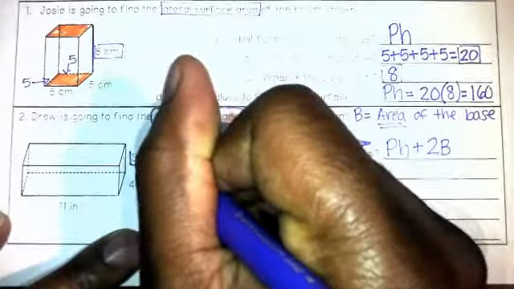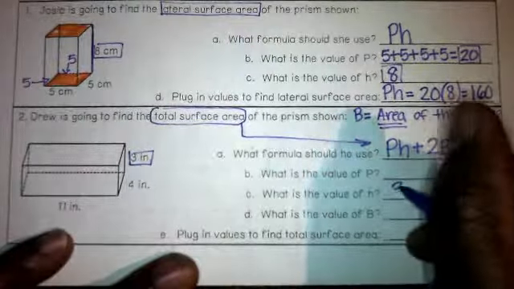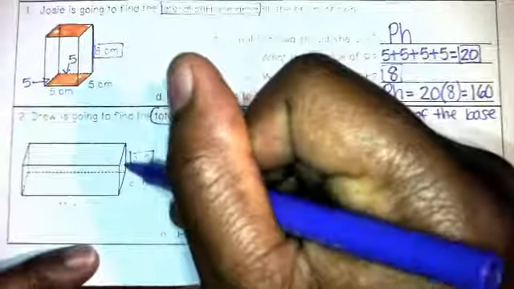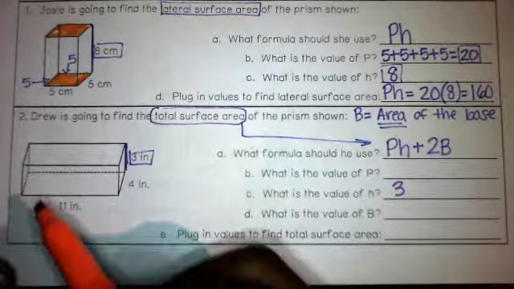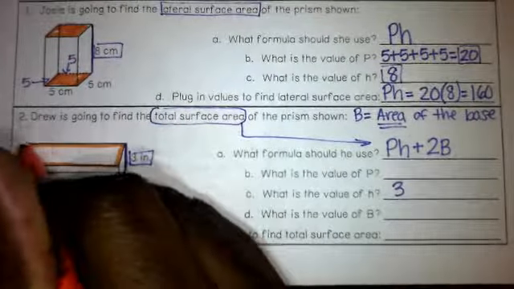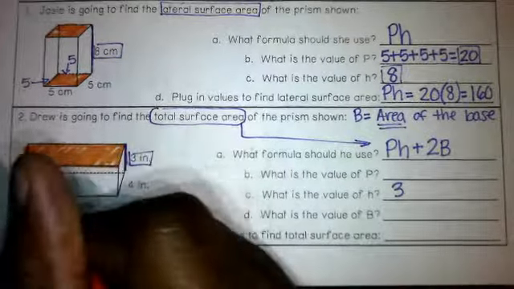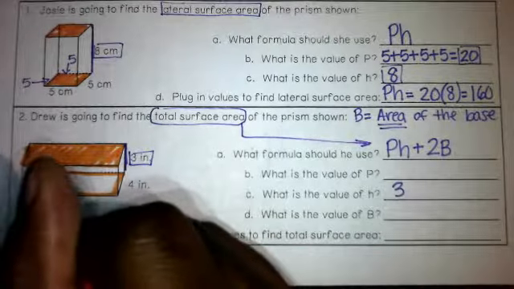I'm going to use 3 as our height for this one. So H is 3. Since my height is up and down, that means this side here and this side here are my bases.